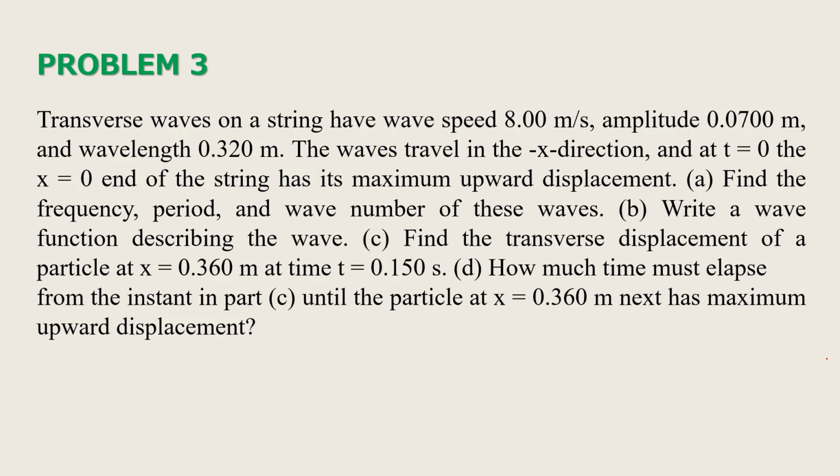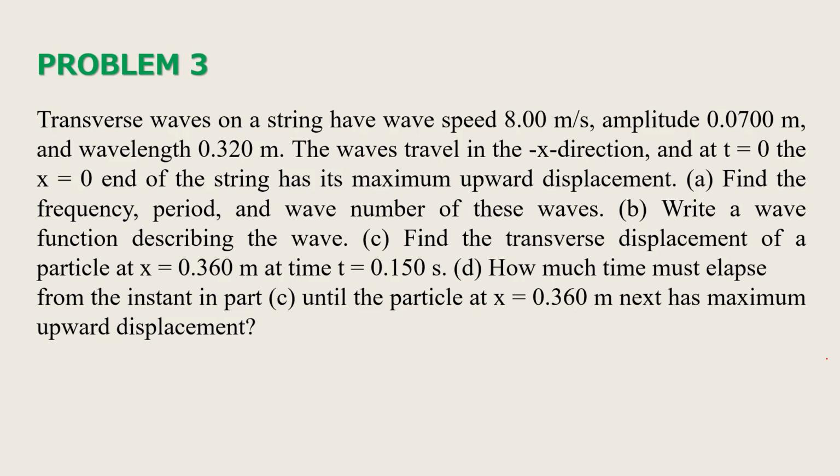Write a wave function describing the wave, and then find the transverse displacement of a particle at x equals 0.36 meters, at time t equals 0.15 seconds. And lastly, how much time must elapse from the instant in part C until the particle at x equals 0.36 meter next has maximum upward displacement.